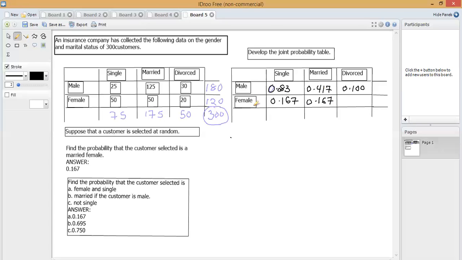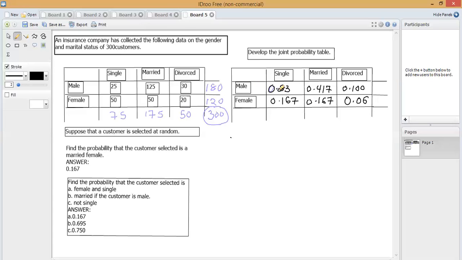Then female and divorced, this portion, 20 over 300, which will give us 0.067. Now this is our developed joint probability table, right?